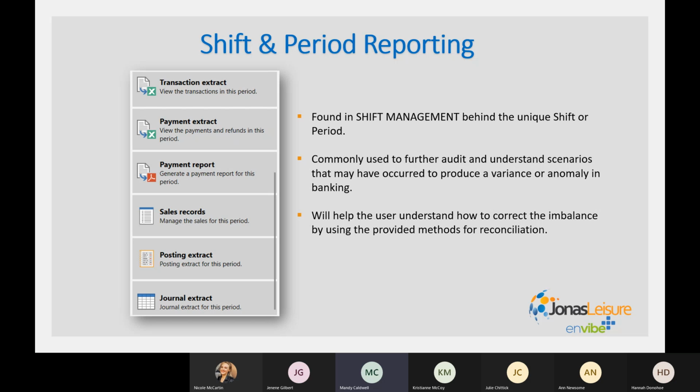From here you can select the shift with the variation and drill down. You can use reports to find amounts that include information like terminal, amount, sales, number, and so on. These reports include transaction extract, payment extract, payment reports, sales records, posting, and journal extract. There are lots of reports to have a look at.